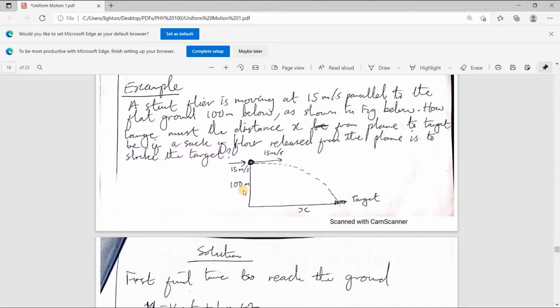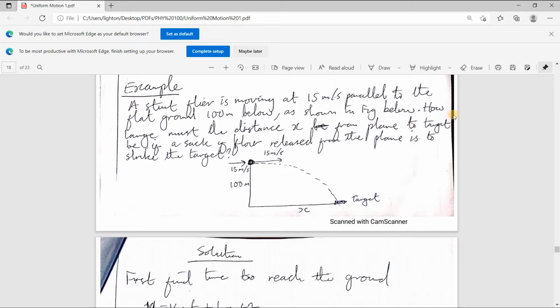This vector for velocity is parallel to this ground, as shown in the figure. Now, how large must the distance x from this point to this point be, from plane to target?